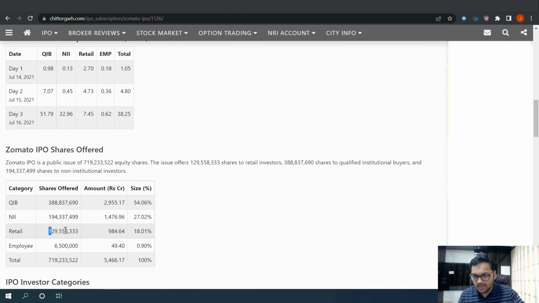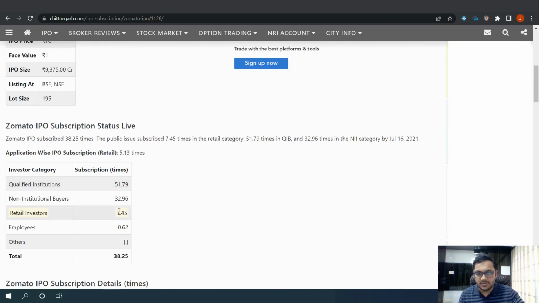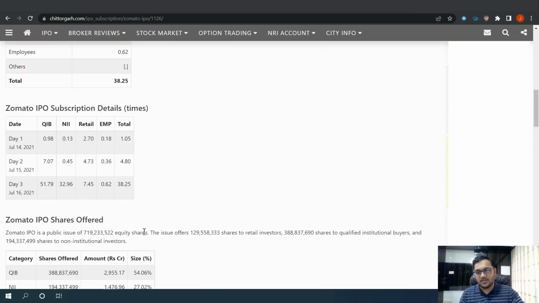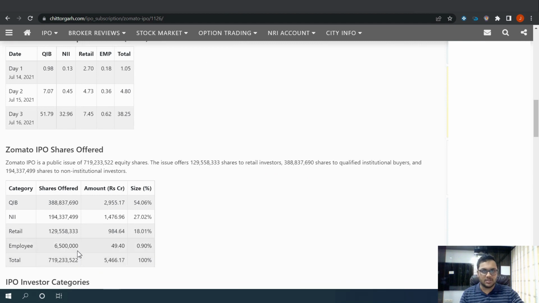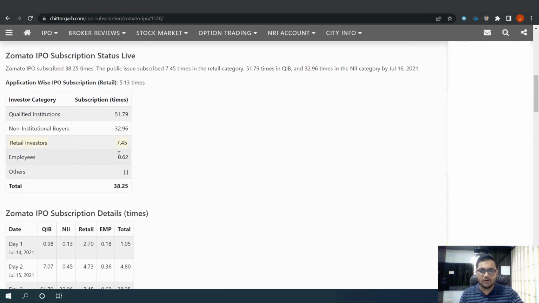For the retail investors it's close to 13 crores, and here you can see 7.45 times. So what happened is they offered 13 crore shares, but people bid for 7.45 times that, so let's estimate close to 90 crores. It's like Zomato offered to retail investors that I want to sell 13 crores of my shares.